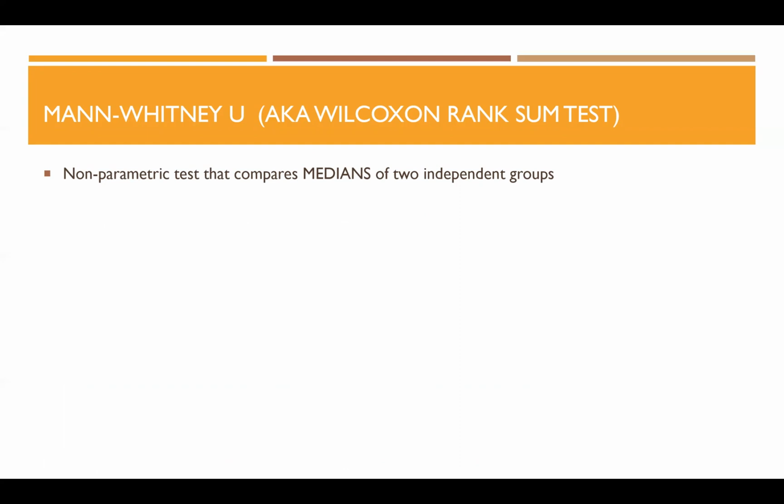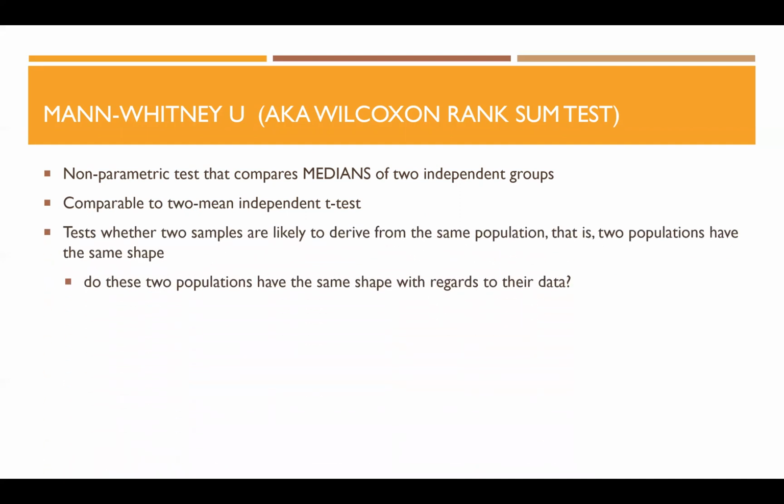So you're still collecting data about a single variable from two different groups. Again, it's comparable to that two mean independent t-test. Again, we're going to test whether two samples are likely to derive from the same population.